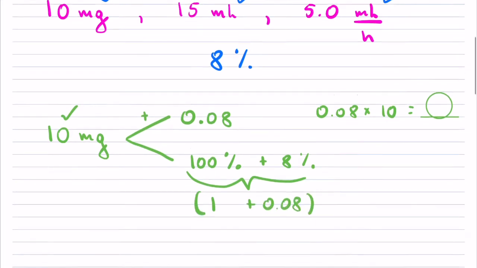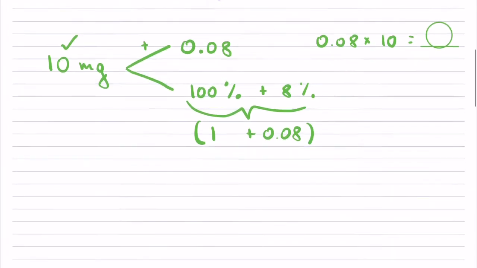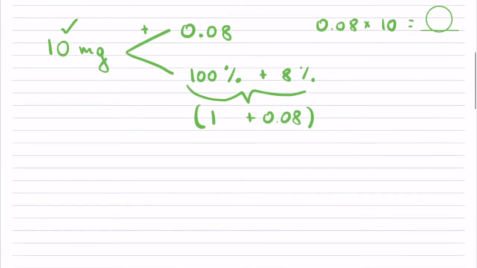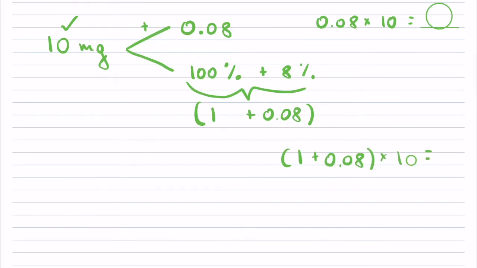Okay, and now if I multiply these two, so if now I say, all right, I have 1 plus 0.08 multiplied by 10, this now would give me the total amount that I started with plus the amount that I added. So this would have been an increase in medication, right?